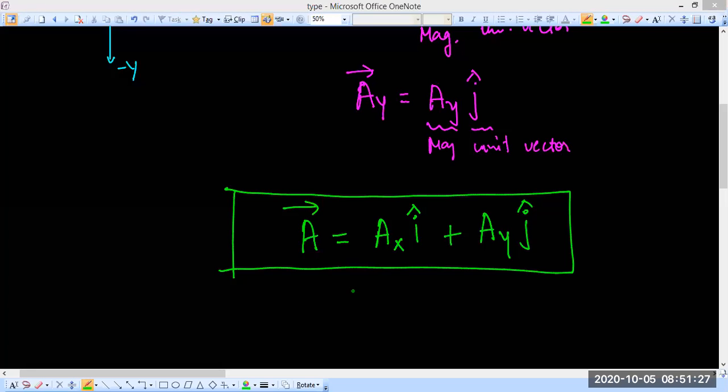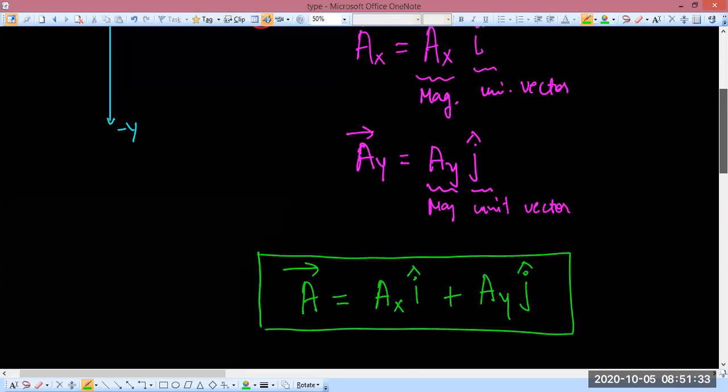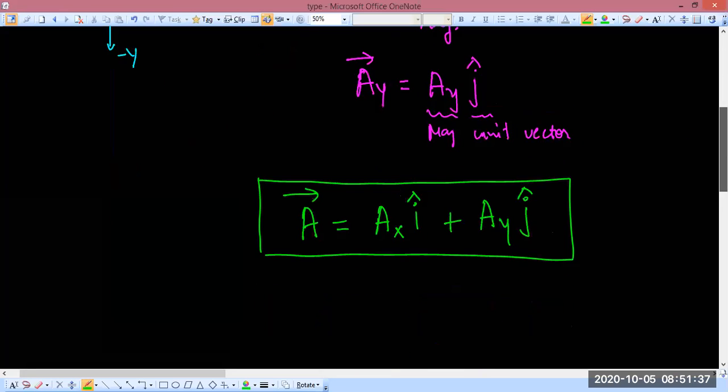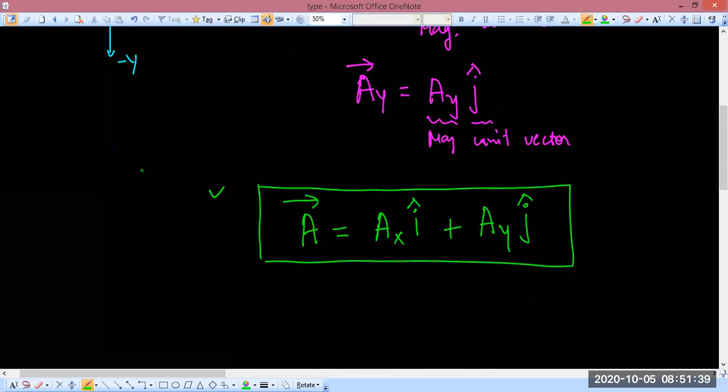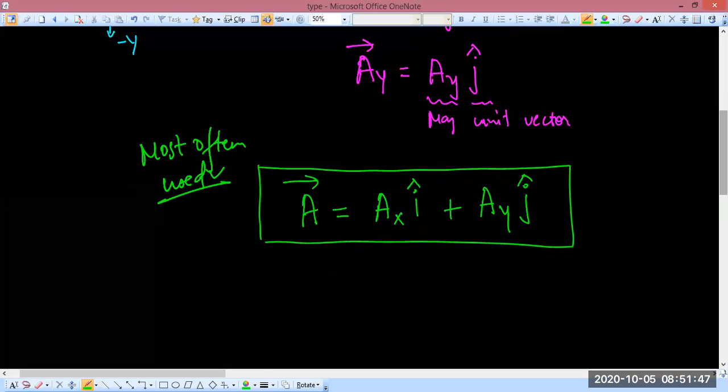This is telling you about its two components. I repeat, this relation or this one also, right? But this is not that useful, right? We use this form very often, right? Most often used, right?